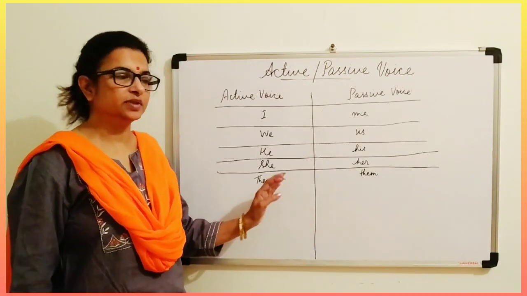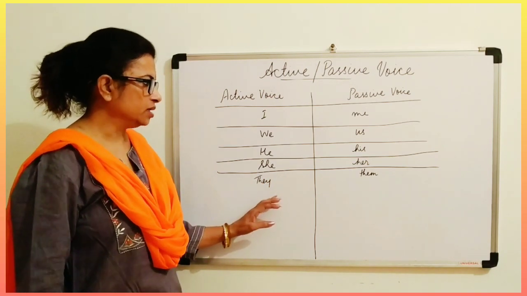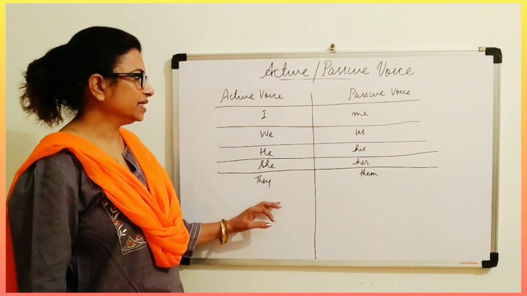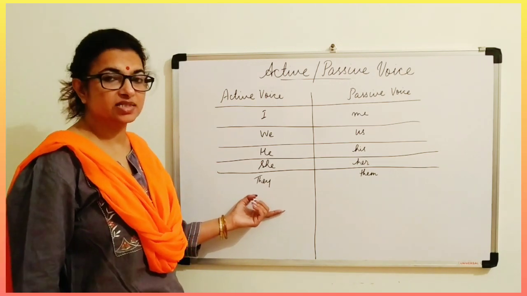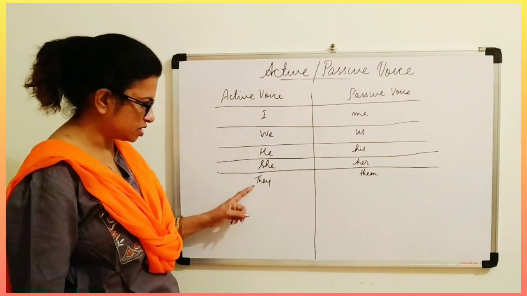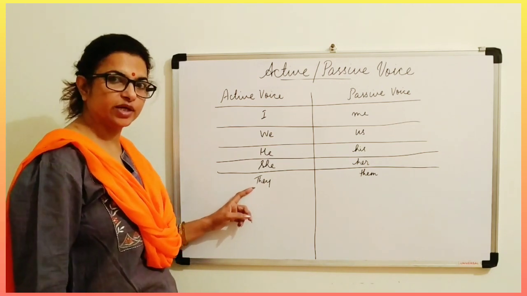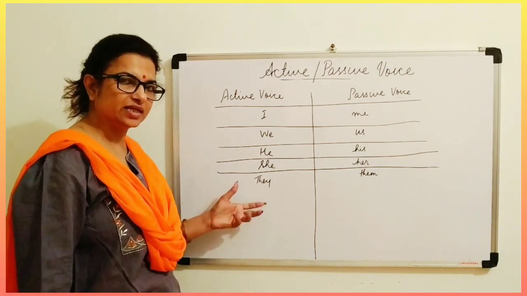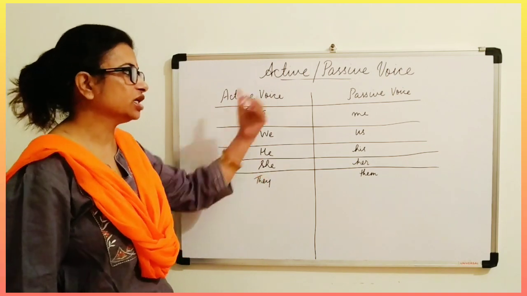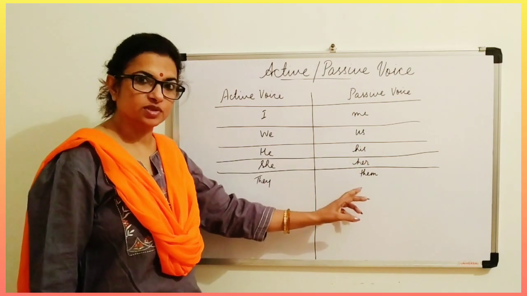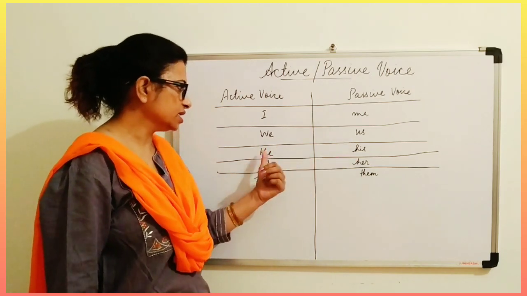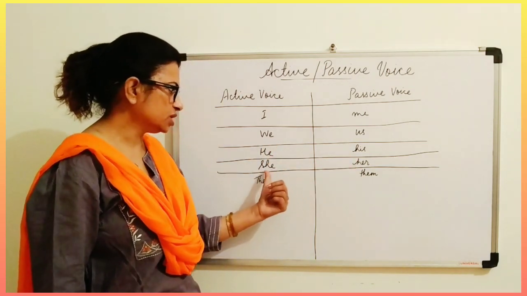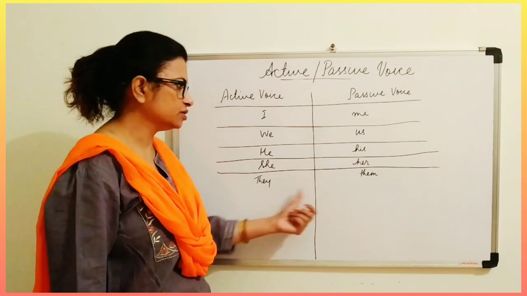Now just look at the table here. This you have to keep in mind: whenever personal pronouns are used as subject, these are the personal pronouns, and you change that sentence into passive voice, they change their forms. I will change into me, we will change into us, he into him, she into her, and they into them.